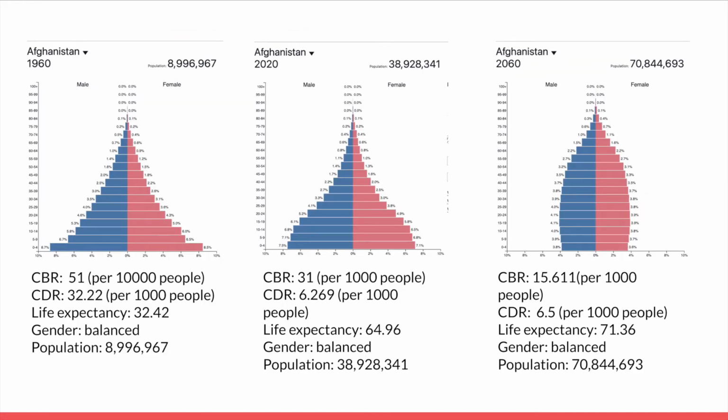The pyramid comparison shows improvement in Afghanistan's population problem, which continues to decline by 3.8% in 2060. Though it decreased by 10% from 1960 to 2020, there is an increase in the elderly group of 1%.